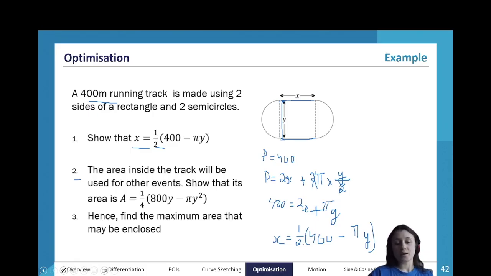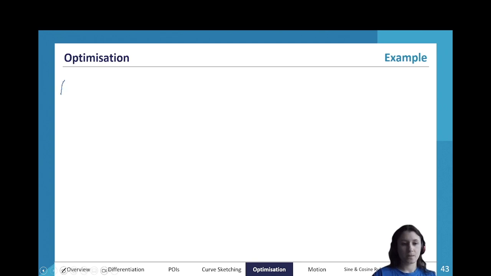So now we need to think about the area inside the track. So again, we can kind of break this up into separate parts. We have the area of a rectangle and then the area of the circles. So the area of the track will be the area of the rectangle plus the area of the circle.